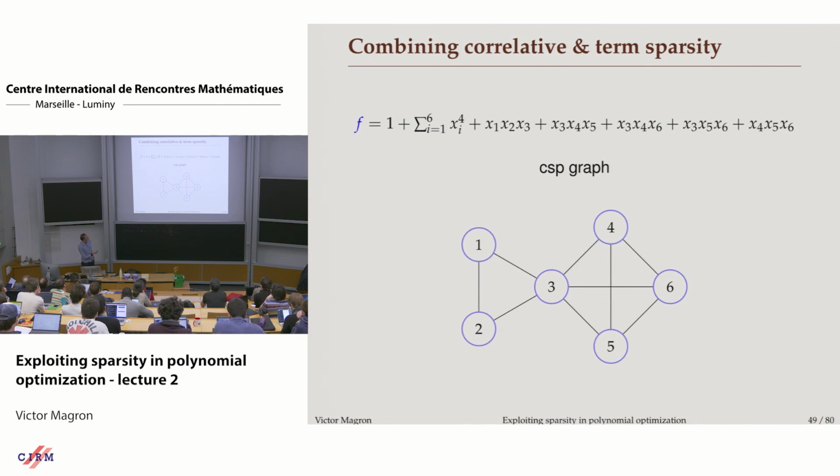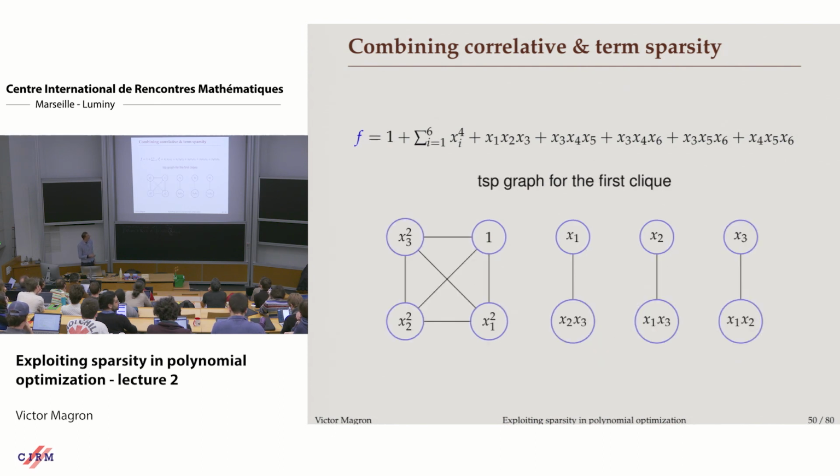So for instance, no x1, x4, because I don't have the product x1, x4. So this is the exploitation of correlative sparsity. So at the end, I obtain a graph with two cliques. One with 1, 2, 3, and the other with the 4 nodes here, which is a complete subgraph.